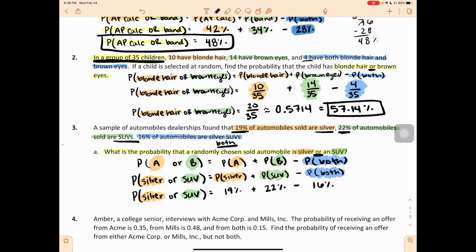So if we do this math, see what we get here. 19 plus 22 will be 41, minus 16 should get 25. You can also do 19 minus 16 is 3, plus 22 is 25%. Once you solve that, you should get 25%. So we have a 25% chance of choosing at random a silver automobile or an automobile that is an SUV.